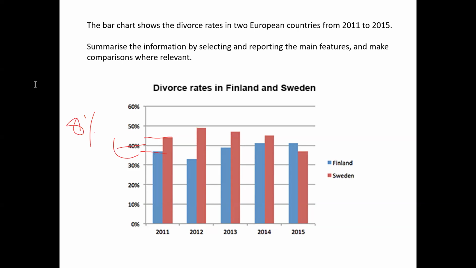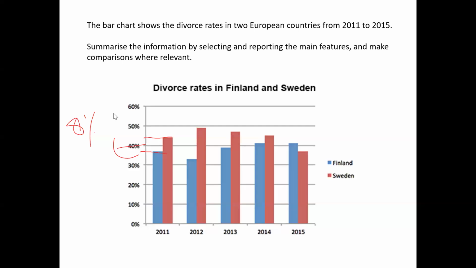Am I right? So simply we can say the divorce rate in Sweden in 2011 was about 45%, which was 8% higher than that of Finland. Now, let me show you.